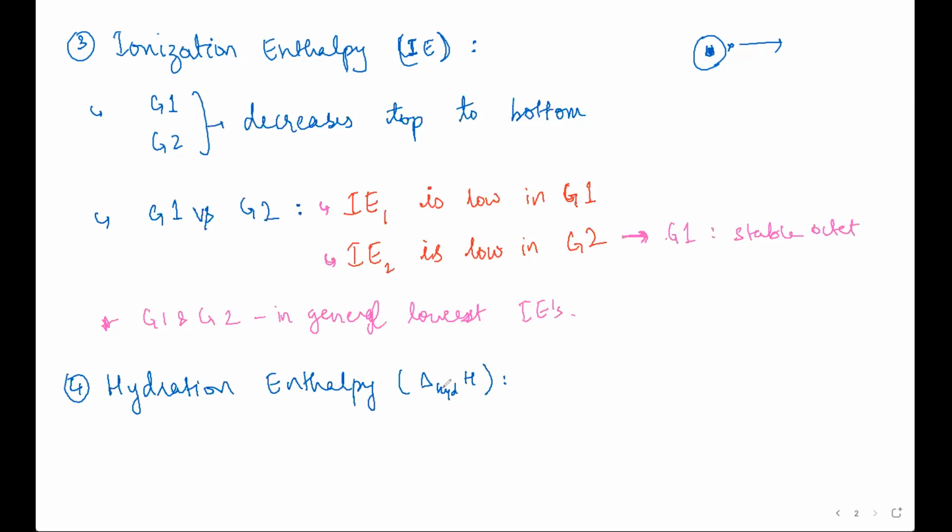So hydration enthalpy is basically the heat energy released or absorbed. It's a change in energy that occurs when the particular species gets surrounded by water molecules.